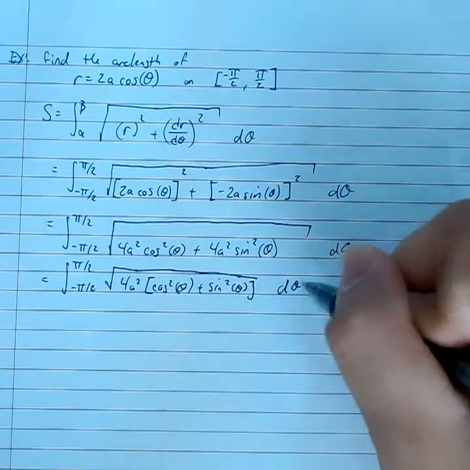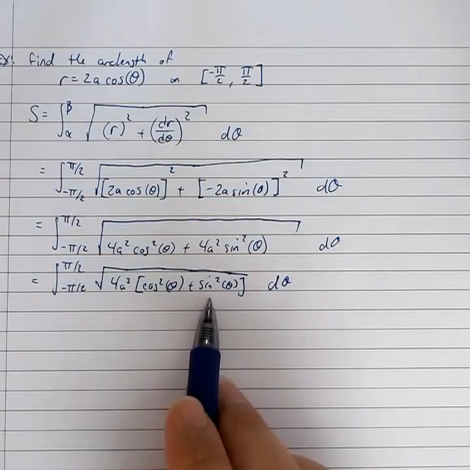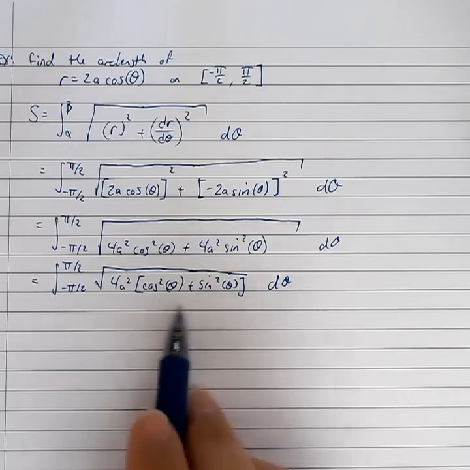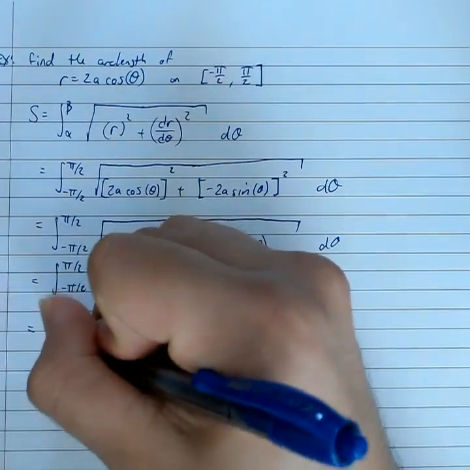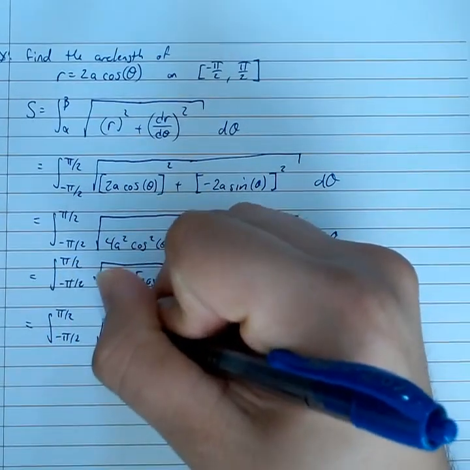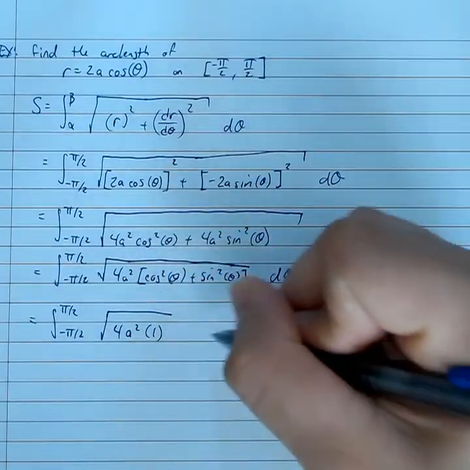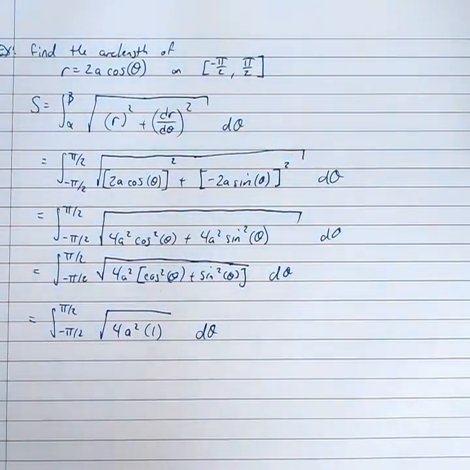But now, think back to trigonometry. The sum of the squares of sine and cosine are equal to 1. This is going to be the Pythagorean identity. So this is the integral from minus pi over 2 to positive pi over 2 of the square root of 4a squared times the number 1, d theta.